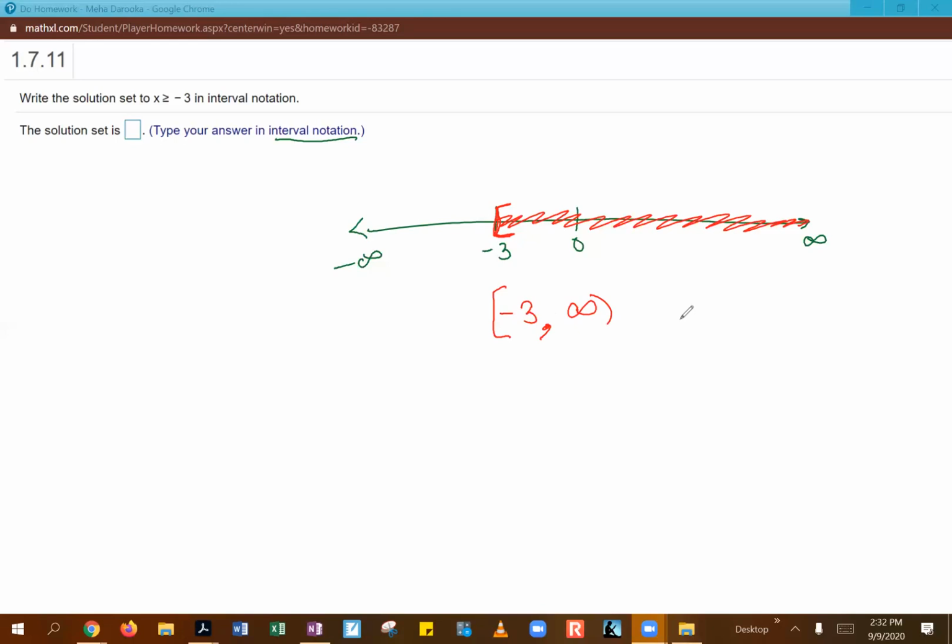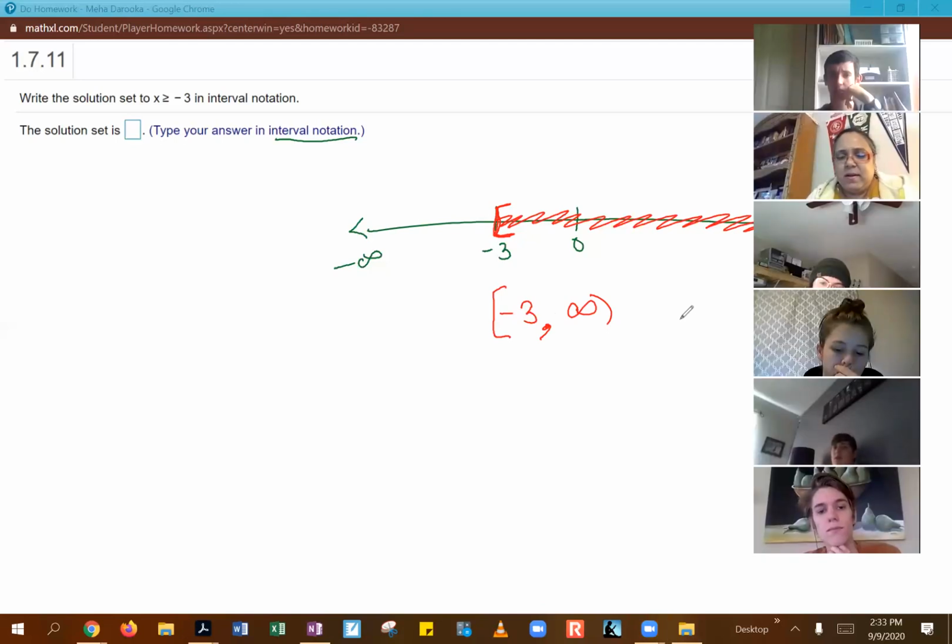What is that, Oliver? Okay, and Abdul Aziz, you've got parentheses infinity and then -3 in brackets. So why did you change that order? Oh, okay.